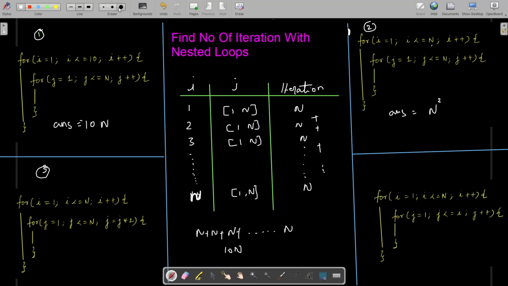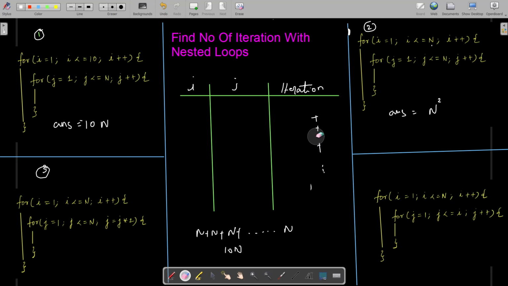Question number 3. Here, your i will start from 1 to n. If your i equals 1, how many iterations will the j loop take? We have seen this derivation already, right?